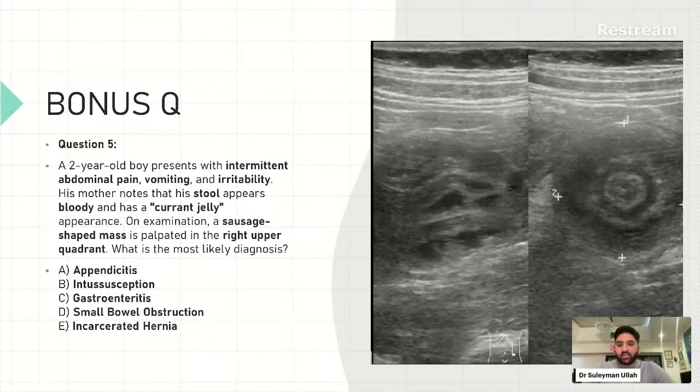Well done. This is intussusception. So the characteristic target sign on ultrasound, which we can clearly see on the right-sided ultrasound picture. The left side, I think, is a longitudinal view of that same bowel, but it's very clearly seen as that target sign on the right-sided picture. So what the target sign is made up of is bowel within bowel.